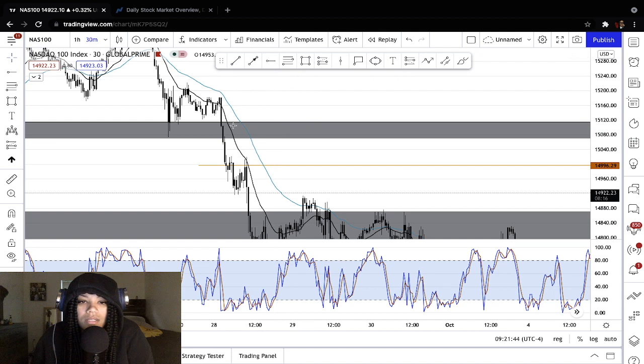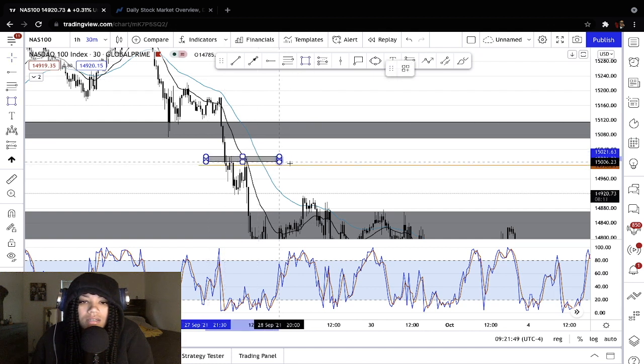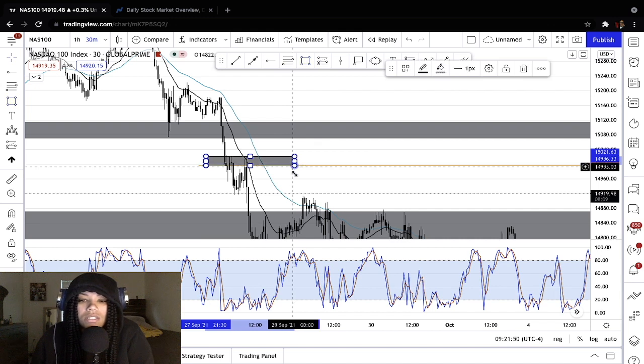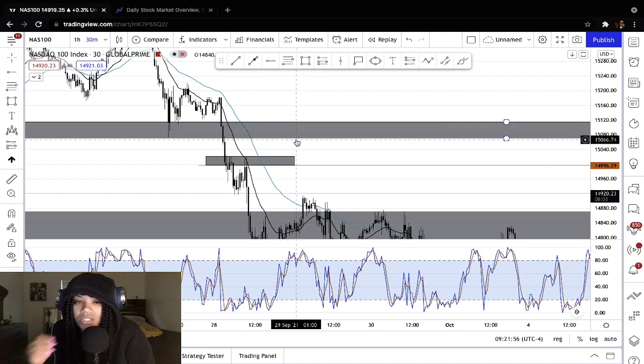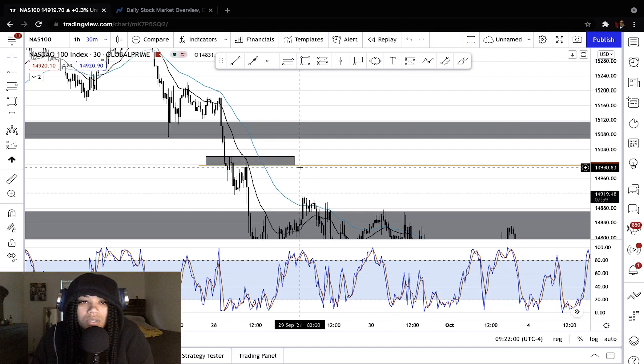If we mark it up as a box, from the top of the wick to the body of the wick, this was a zone. I didn't put a box because I use boxes as my major zones, and I use a regular horizontal line as a lower time frame zone. So that's why I didn't mark it as a box.